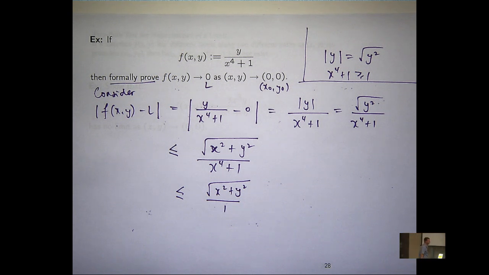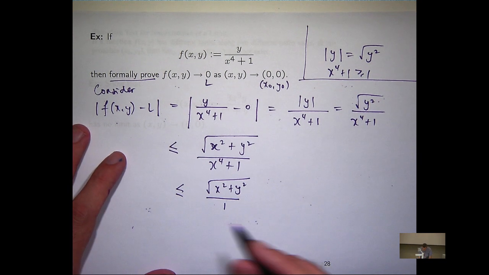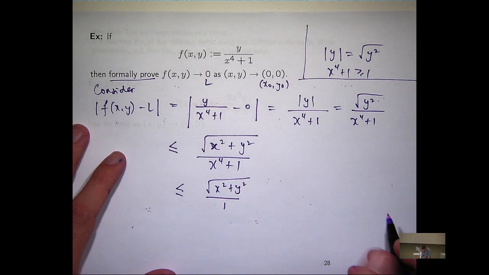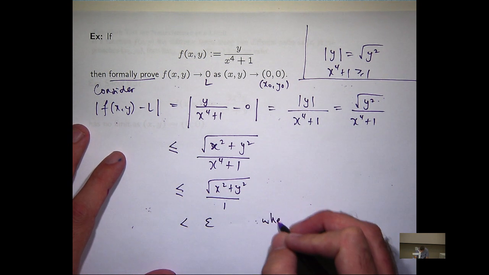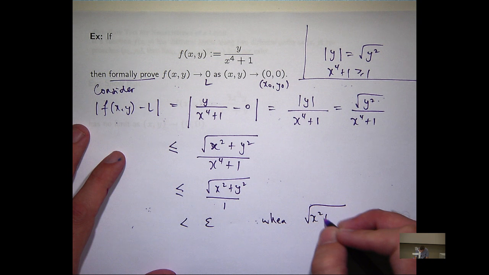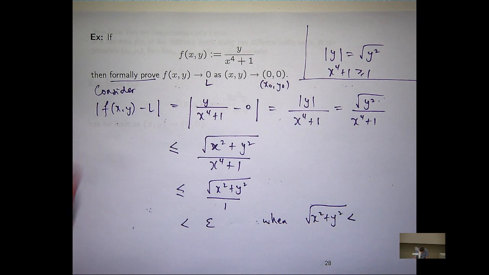For any given epsilon, what do I have to construct delta to be, or what do I choose it to be, such that I have the inequality in the middle of the screen? What should I choose delta to be in this case?